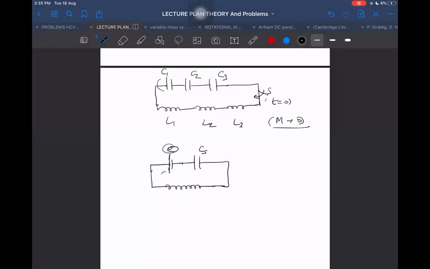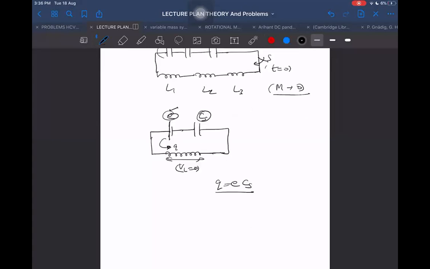Again, what will be the charge flown? What will be the maximum current flown? Same way we can find out the maximum current. How? The voltage across the inductor at that time will be 0 when the current is maximum, because at that time the EMF E will appear directly across the capacitor. So E into CS will be the charge flown up to that instant of time.